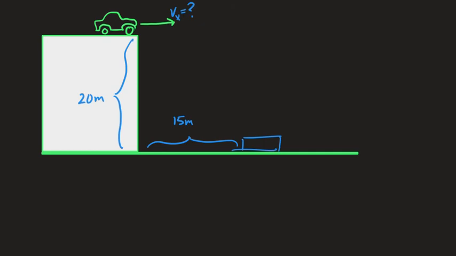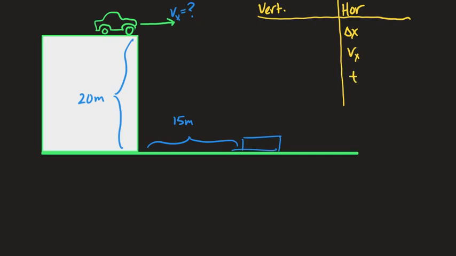All right, so similar question to before, slight variation, not much. But let's make sure everybody understands that. Start here and get organized. So vertical, horizontal, delta x, Vx and t, delta y, V initial y, V final y, a, and t.